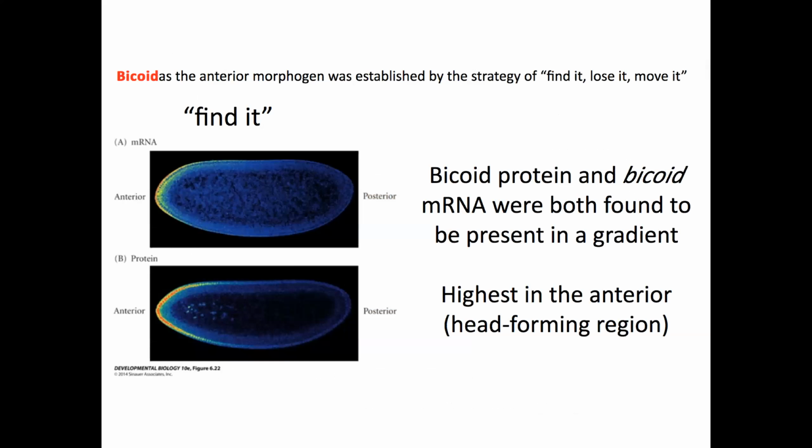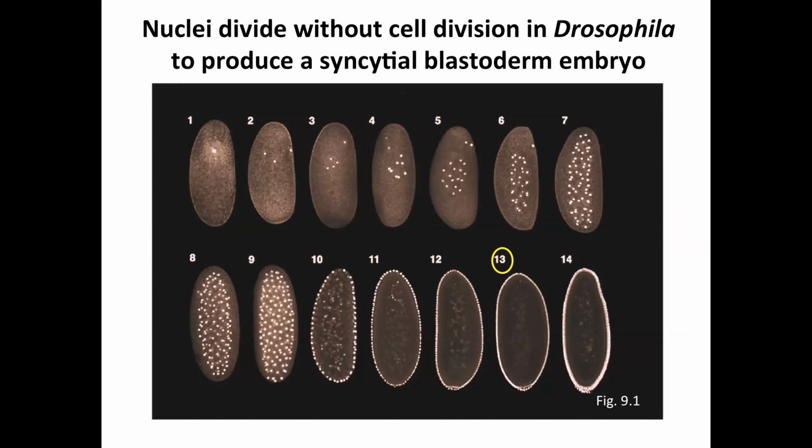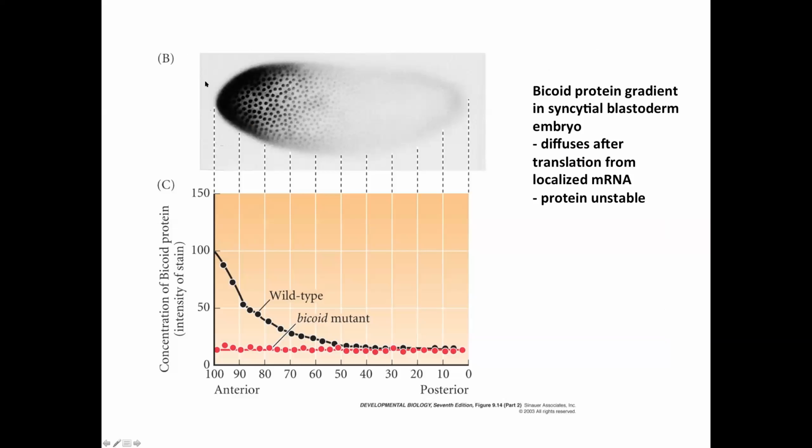And the localized translation of the mRNA, so now clearly the mRNA is very heavily enriched in the anterior end, which is why the protein expression is highest here. But gradually the mRNA has also moved along, right?